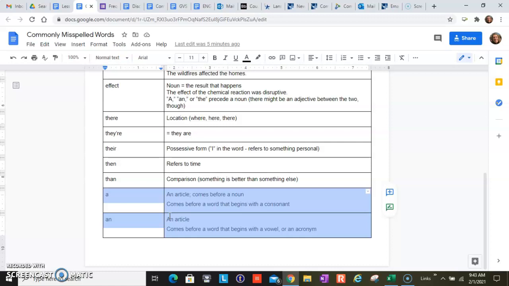So, like, an hippopotamus or a hippopotamus. So, that is a consonant, so yeah, a works there. But how about this one? An humorous joke. Like, that isn't going to work. A humorous joke. Well, that probably does work, doesn't it?